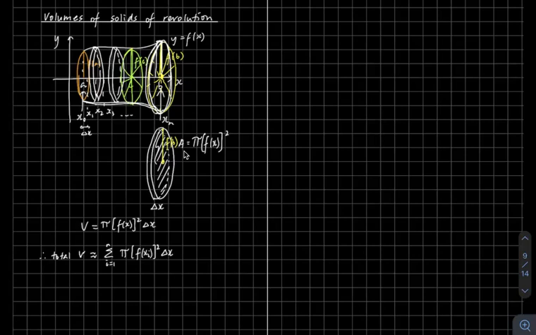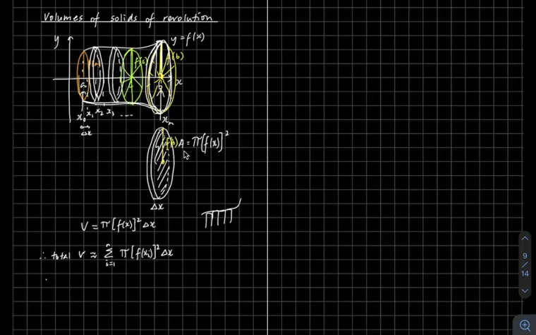Now, just like when I was thinking about area under the curve, and I was saying, well, let's use all these rectangles, and the way that I could come to the exact value was to take the limit of the sum of those rectangles as the width of the rectangles approached 0. In other words, as I got an infinite number of rectangles.